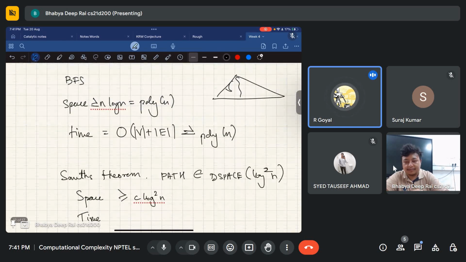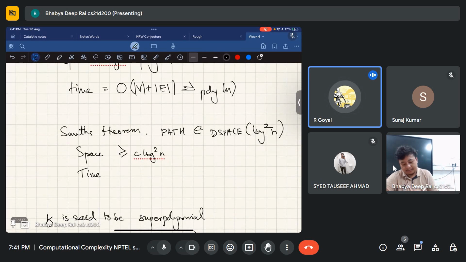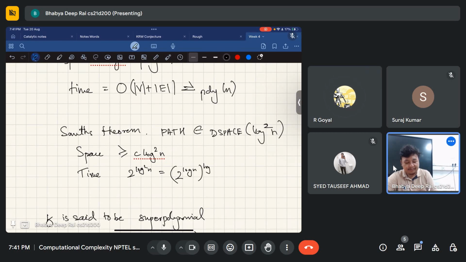And if I put 2 raised to the power log square of n, then how to simplify it? What will be the value of 2 to the log square of n? So will it be 2 to the log n, whole square? And whole to the log n. Yes. And to the log n.